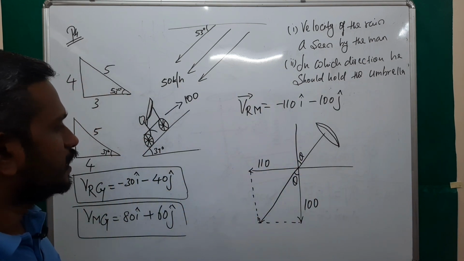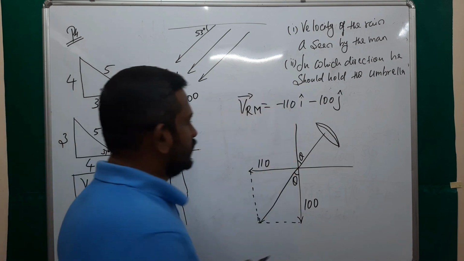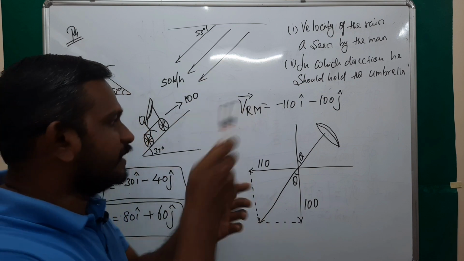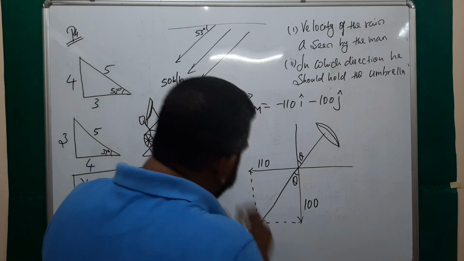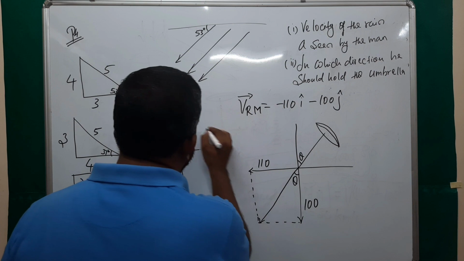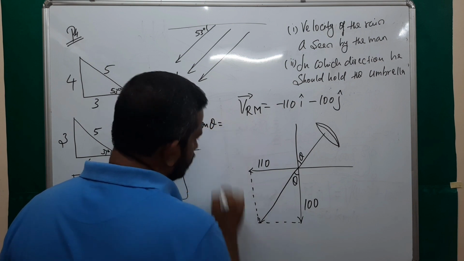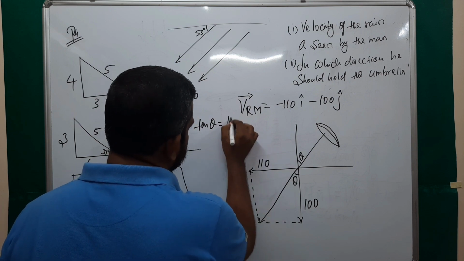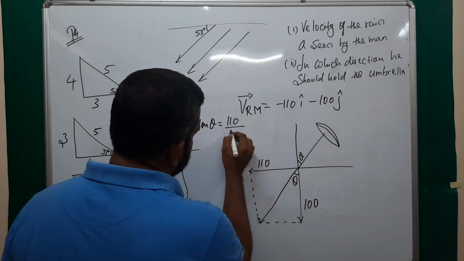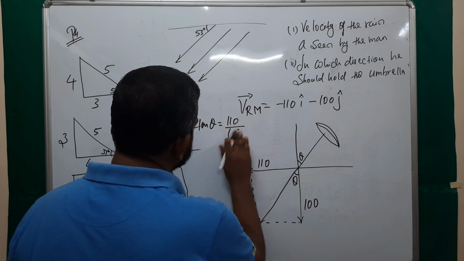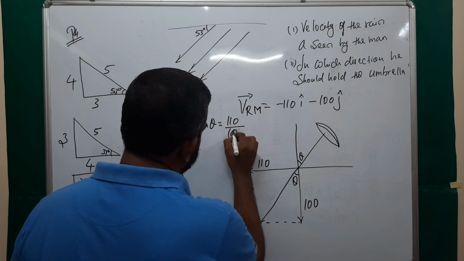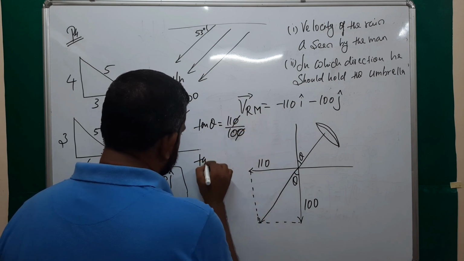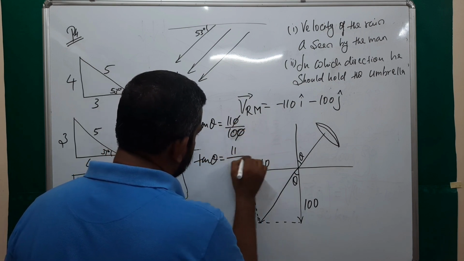So what is the exact angle, that is, at which angle should he hold the umbrella from the vertical? From this, tan theta is equal to the opposite side, 110, divided by the adjacent side, 100. The zeros get cancelled, so tan theta is equal to 11 by 10.